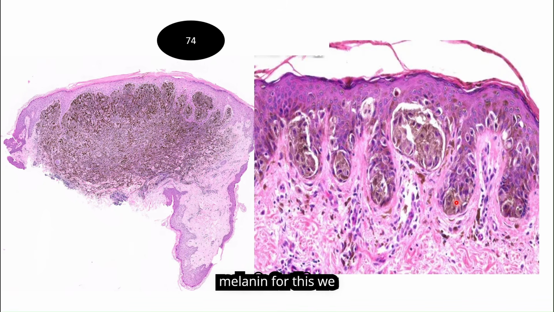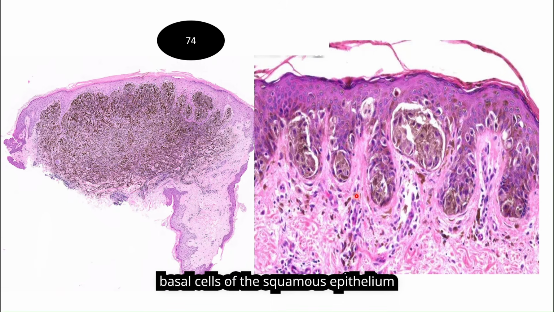So melanin, for this we use Fontana-Masson as a special stain. This tumor is derived from melanocytes. Basal cell carcinoma is derived from basal cells of the squamous epithelium, and squamous cell carcinoma is arising from the squamous cells.